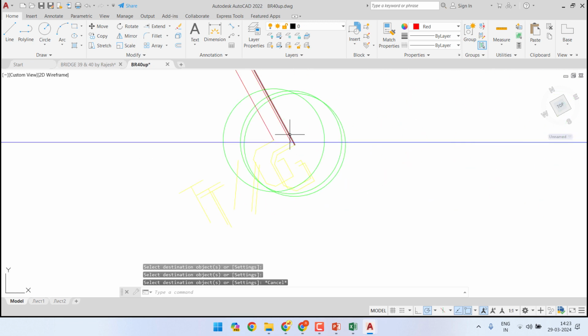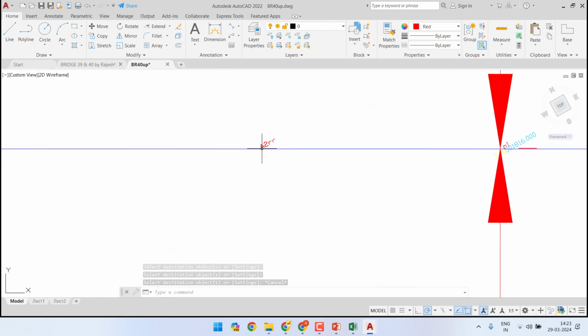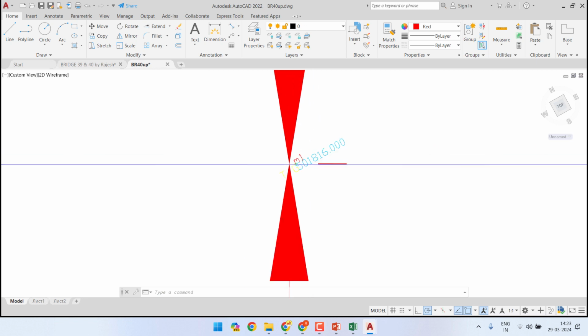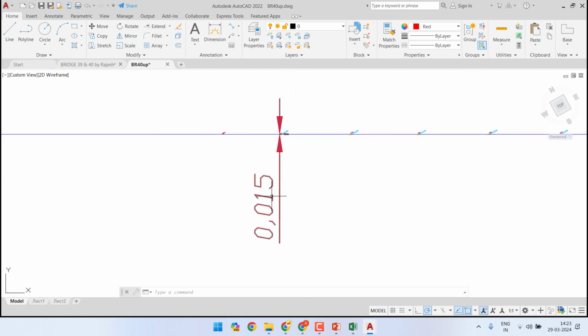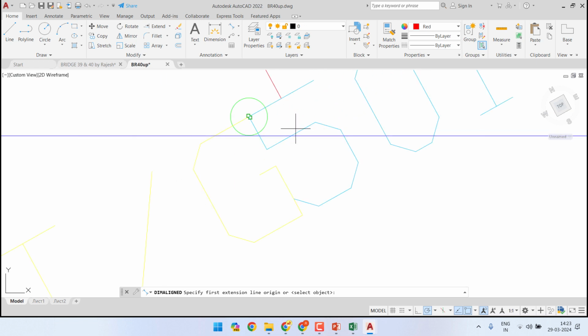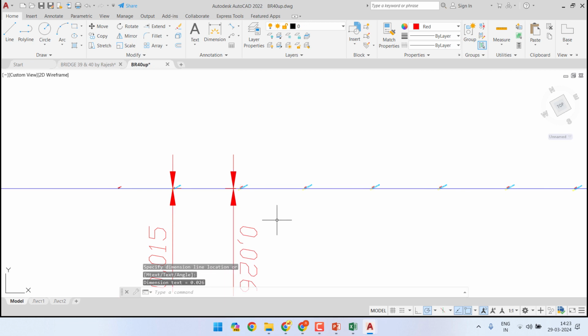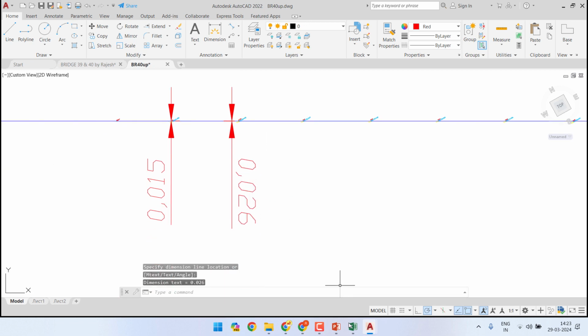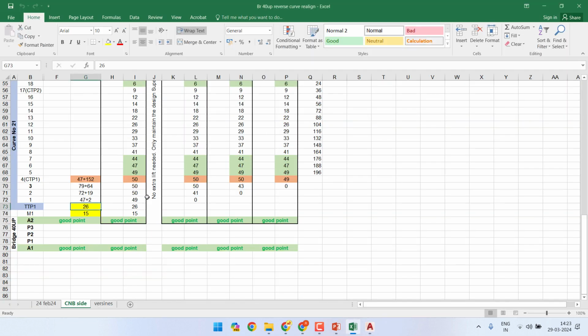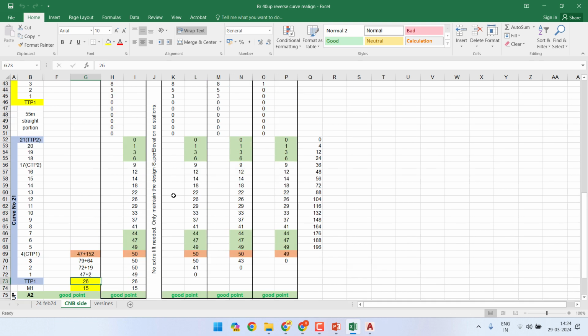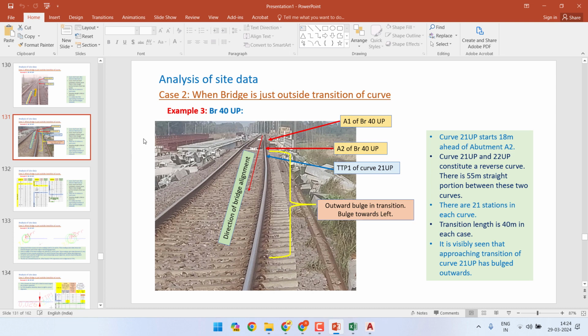So we joined this line, these two, A1 and A2, and this is M1 has an error of 15 mm, and here if we see TTP1, that has error of 26 mm, as you can see 26 mm. So this data, 26 mm that you see and 15 mm that you see, this much slewing is required to correct the alignment, and this I have already explained in the PPT.